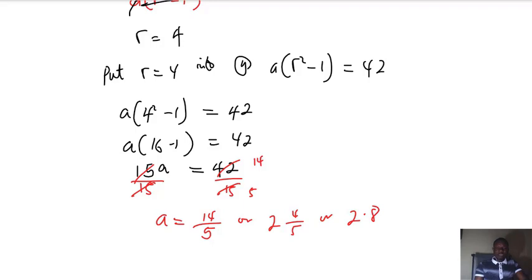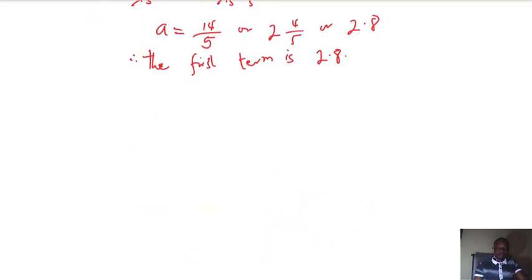So that is the first part of the question, which is that we should find the first term. So therefore the first term is 2.8.